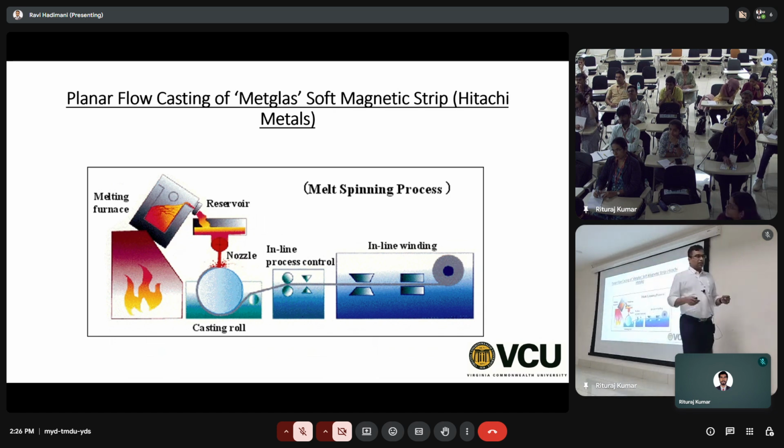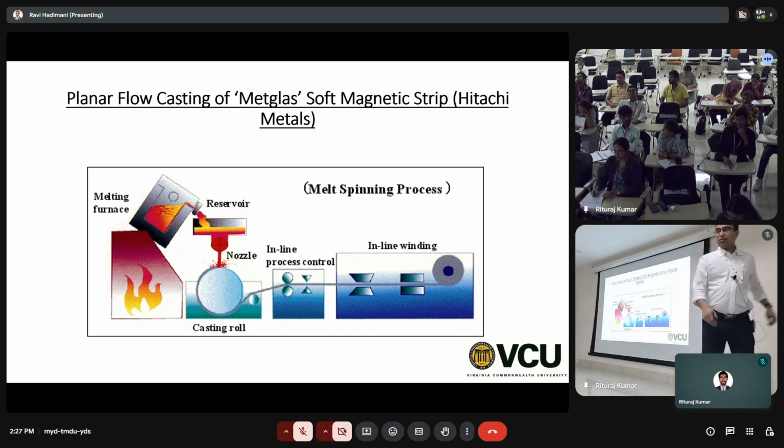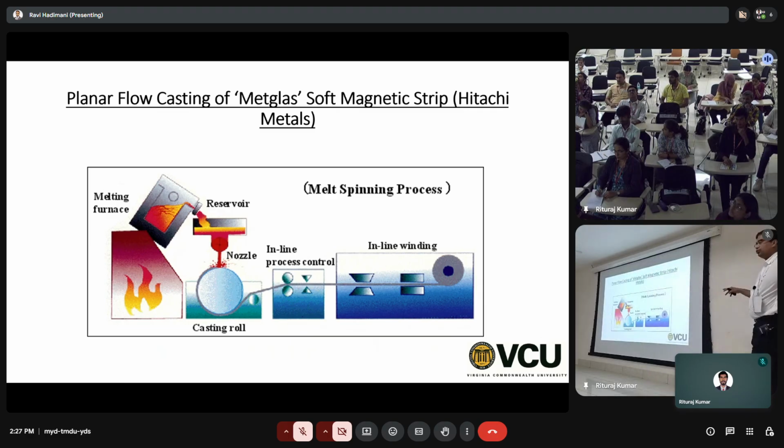Okay, so this technique is called the melt spinning process, wherein you make a material that is amorphous. You don't give enough time for the crystals to form in this case.